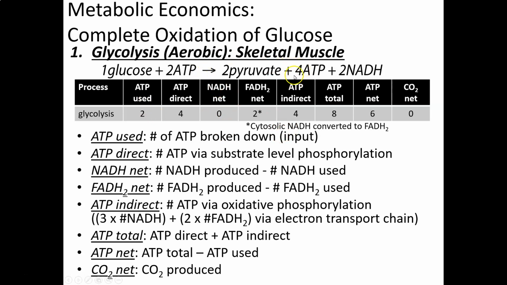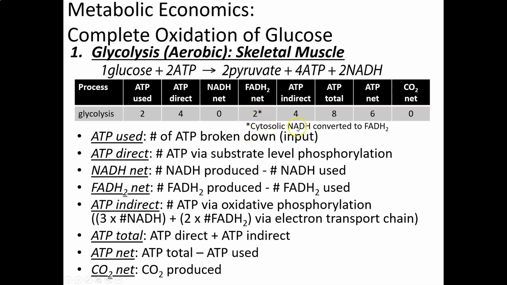But in skeletal muscle, because of that active transport mechanism, it's going to cost some energy to get it into the mitochondria. So we don't have enough energy in NADH to pass it back to NADH, so we have to pass it to FADH2. So these are net. So even though we made an NADH, we don't have one anymore. And what we did is we replaced it with an FADH2 in the mitochondria.